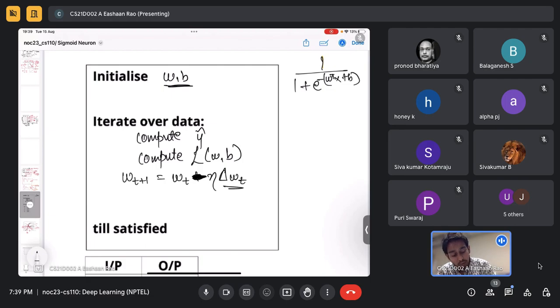What is delta wt? We'll talk about that. Similarly for b at the t plus 1 instance, we take the value of b at the tth iteration minus n, the learning rate, times delta bt.